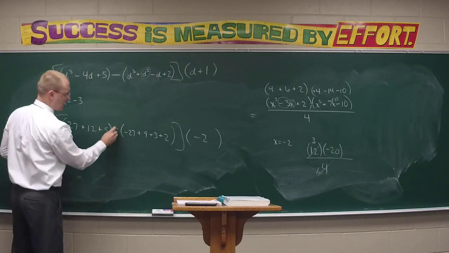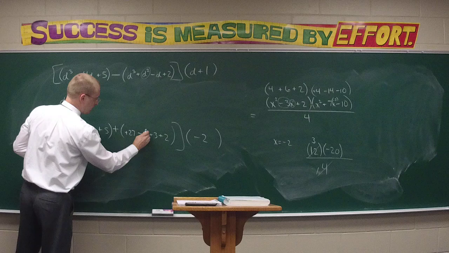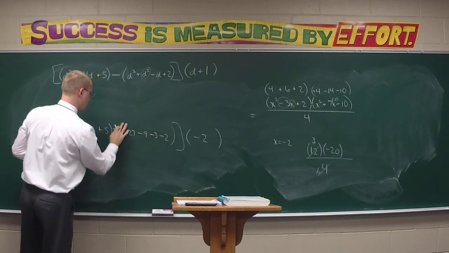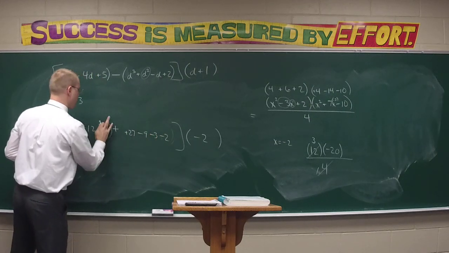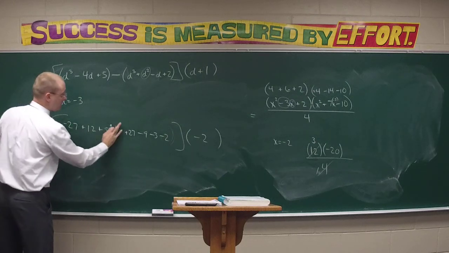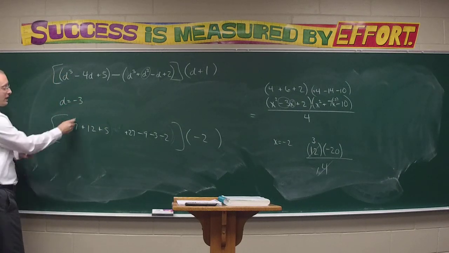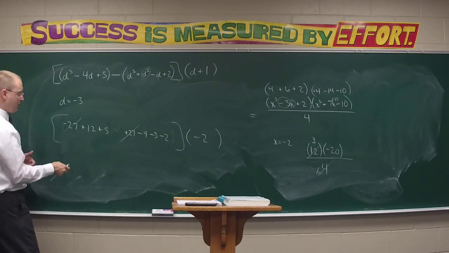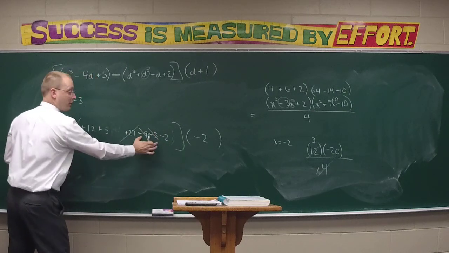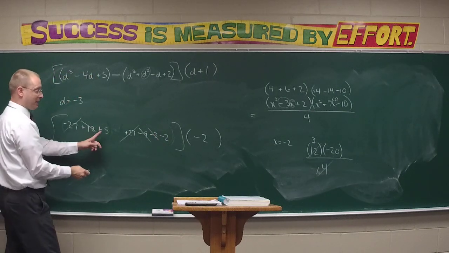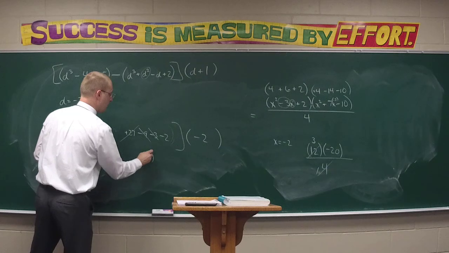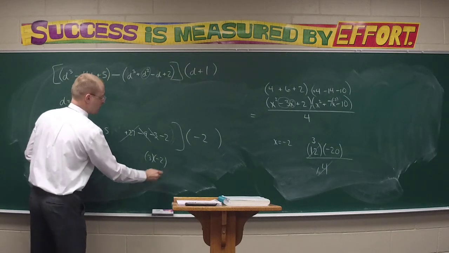Remember, we never really subtract. We add the inverse here. Now we don't need the parentheses anymore. For that matter, we don't even need the plus anymore. And now I can cancel the 27s away. These 9 and 3 together are negative 12, cancels with a positive 12, so it becomes 5 minus 2 is 3. Times negative 2, and there's the negative 6.